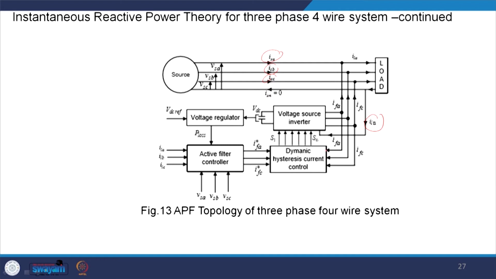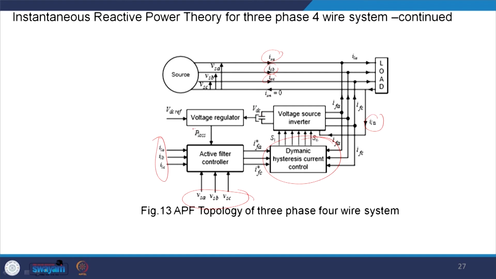Thereafter, after the midpoint of the capacitor, you can have a dynamic hysteresis control of the current or the PI control, and from here you will have these values IA, IB and IC of the load current. Similarly, you have a source current and you have a voltage regulator.